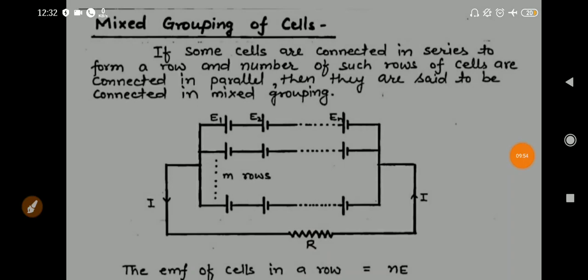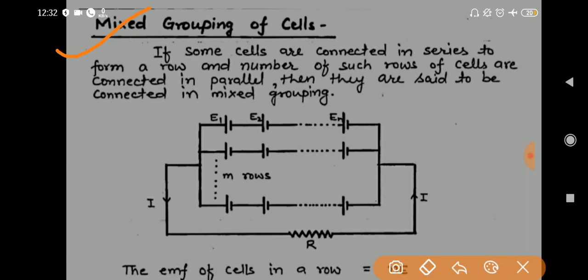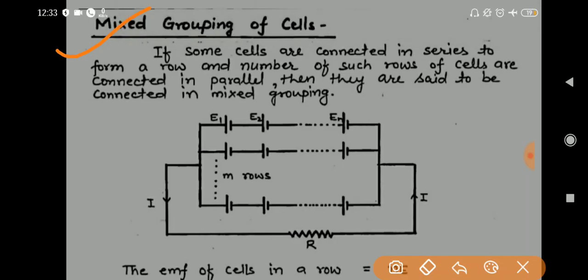Our next topic is mixed grouping of cells, or mixed combination of cells. Mixed combination means a mix of parallel and series combination. What is mixed combination?